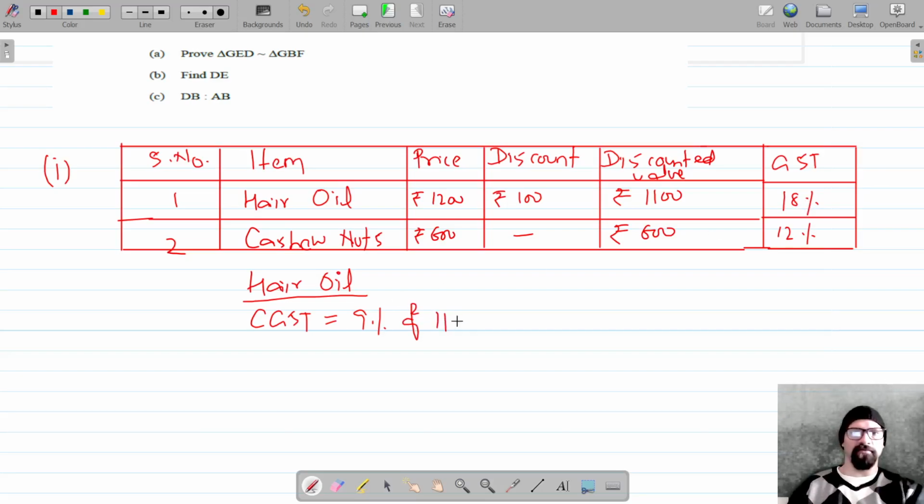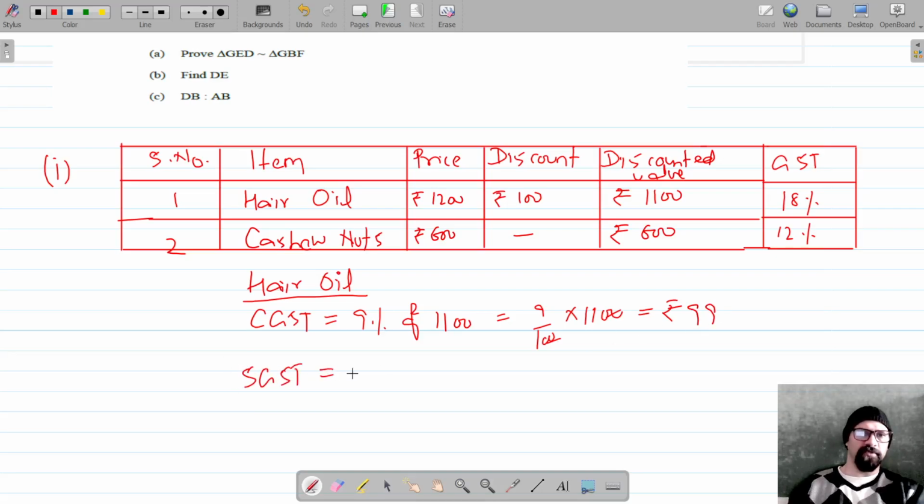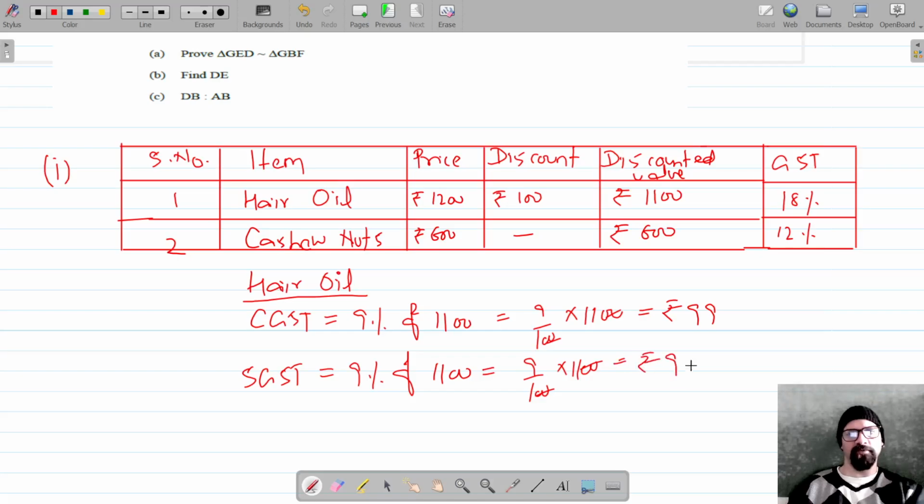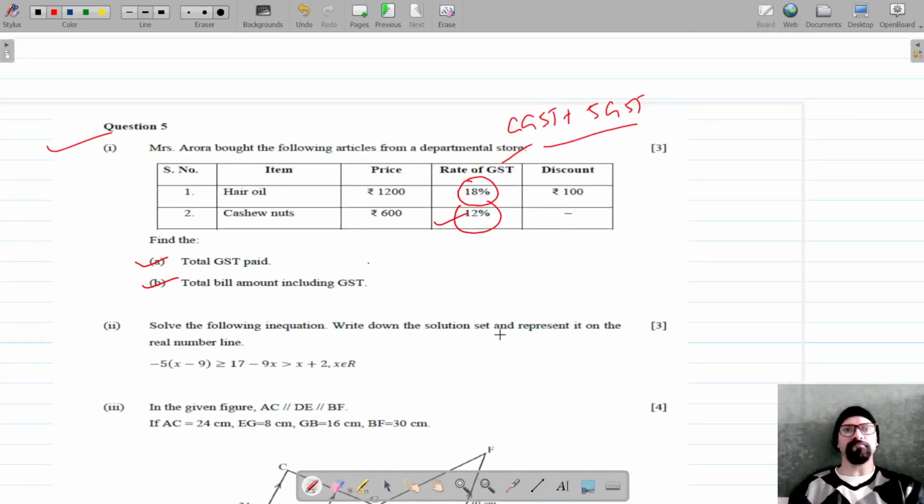So 9% of 1100 is 9 by 100 into 1100, and it gives us rupees 99. Next one is SGST. SGST is also 9% of 1100, so 9 by 100 into 1100, which is equal to rupees 99.